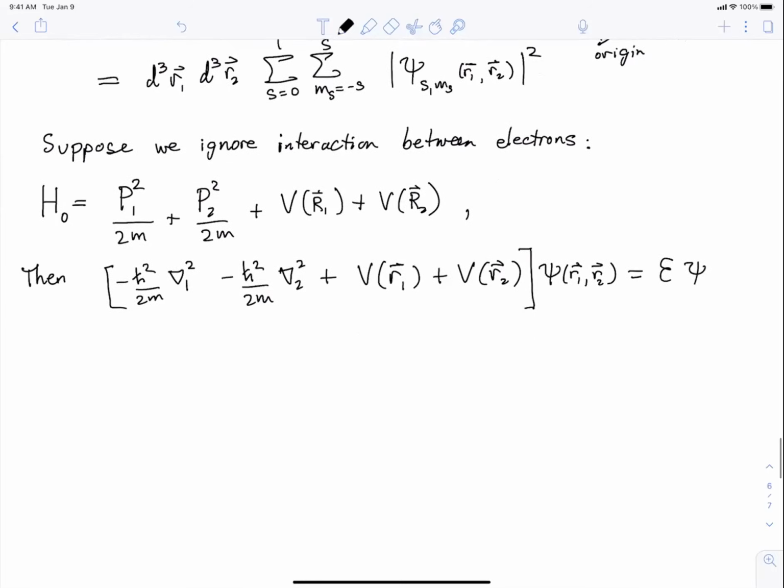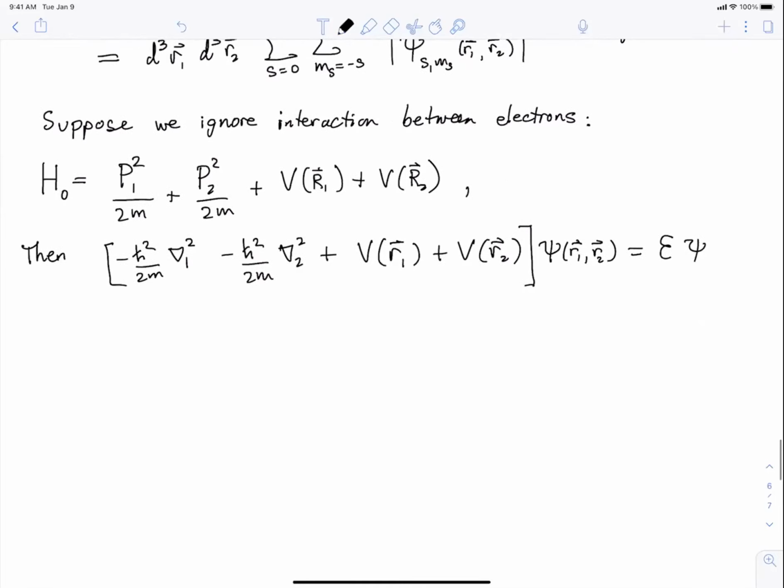Okay, now I'm not going to be specific about what my potentials are at this point. We just assume there is some potential, and we also assume that we can solve this equation. And one way we can solve it is by the strategy of divide and conquer, which is we can just ignore R2 and solve it for R1, and then vice versa. So let's say we've done that. Let me call phi with a subscript for curly e be the wave function solution for a single particle.